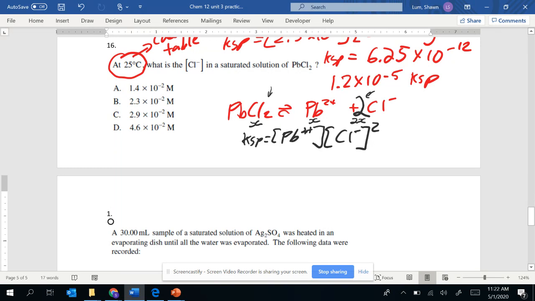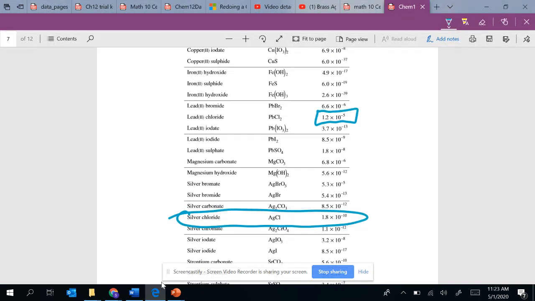I know that seems a little weird, but for Ksp, I'm just going to write some numbers in here. So Ksp is going to be 1.2 times 10 to the minus 5. We got that from our table, from our data booklet right here.